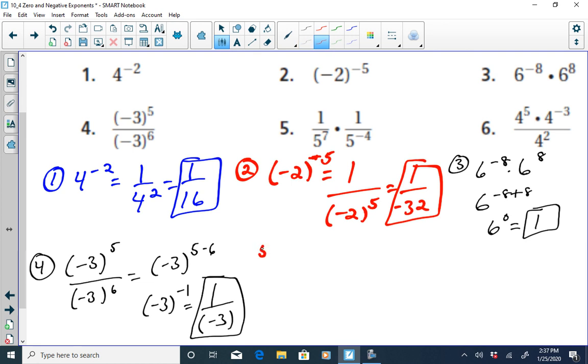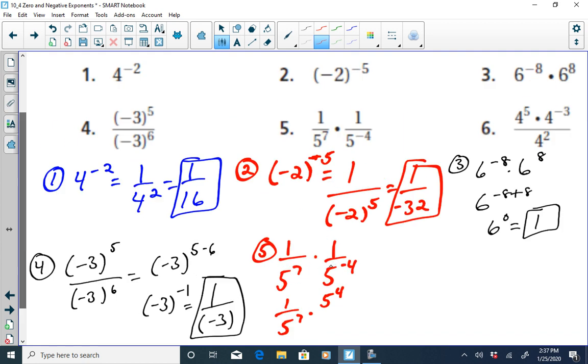Problem 5, we have 1 over 5 to the 7 times 1 over 5 to the negative 4. All right, well, this is the same as 1 over 5 to the 7 times 5 to the 4th, right? Because if we have a negative exponent in the denominator, we just bring it up into the numerator, and that exponent becomes positive.